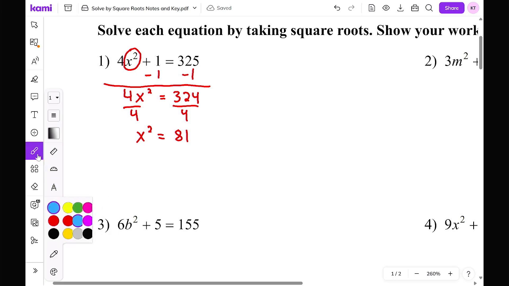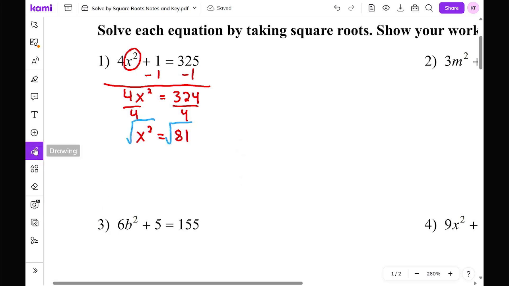So I am going to square root both sides of my equation now. My square and my square root are going to cancel each other out, and that's just going to leave me with x. And then once I square root 81, which, as we may know, is a perfect square, that gives us 9. So x will be equal to 9.